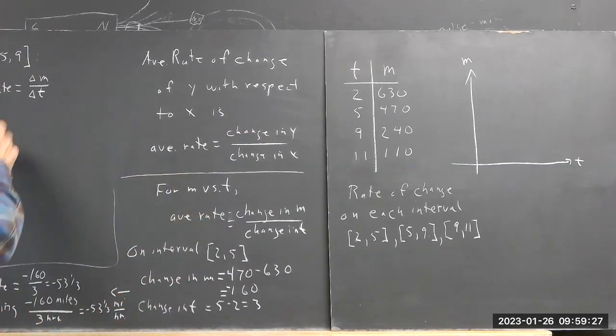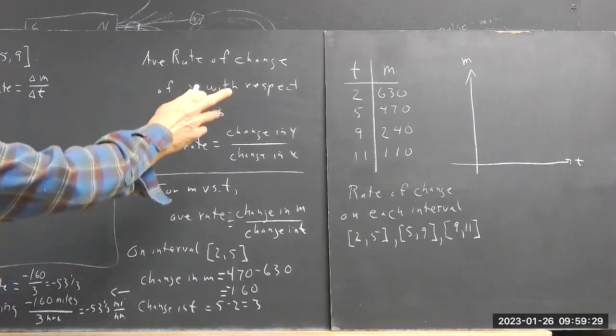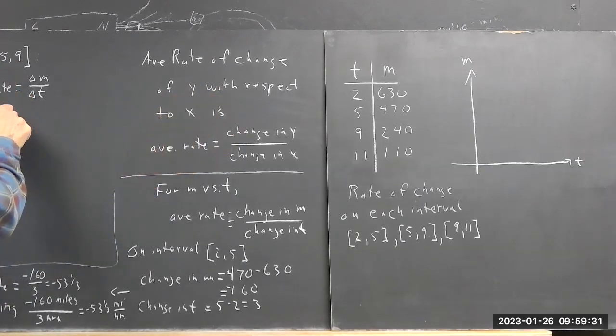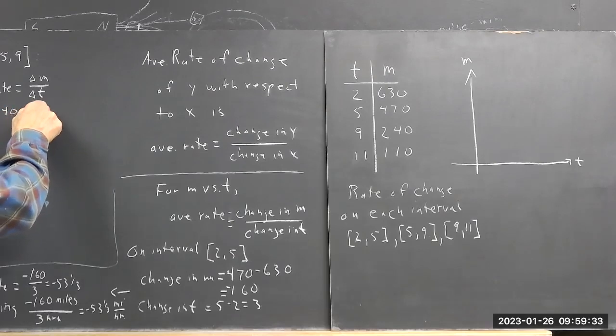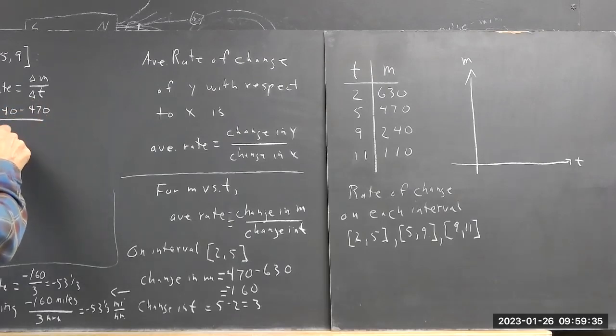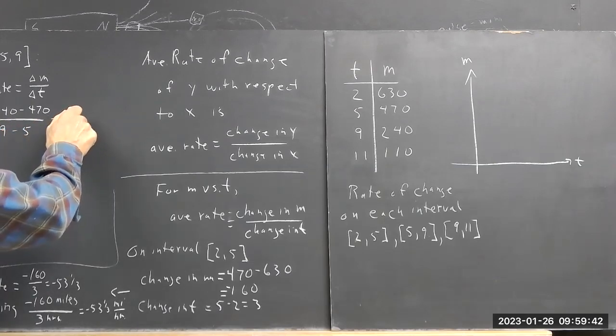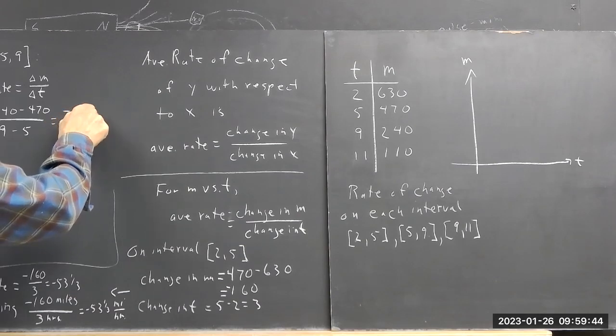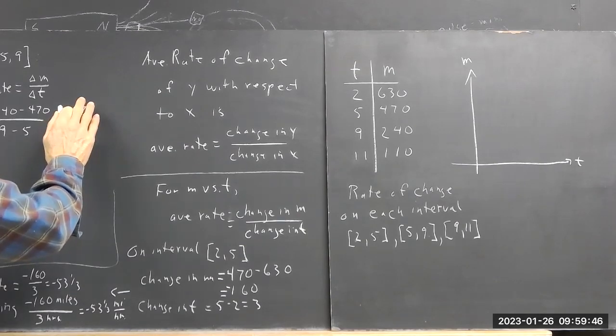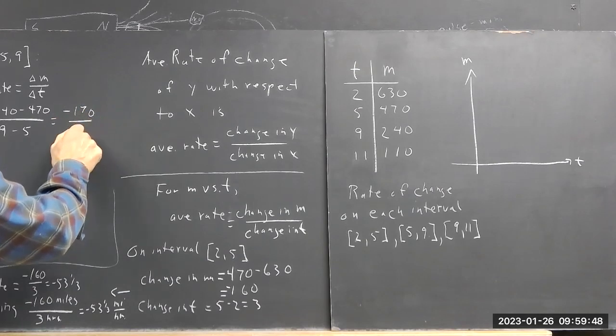So change in M between 5 and 9, we go from 470 to 240, so it's 240 minus 470 over 9 minus 5. That's going to be minus 230 over 4.